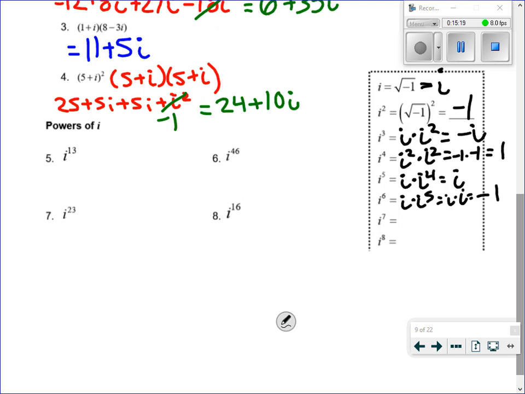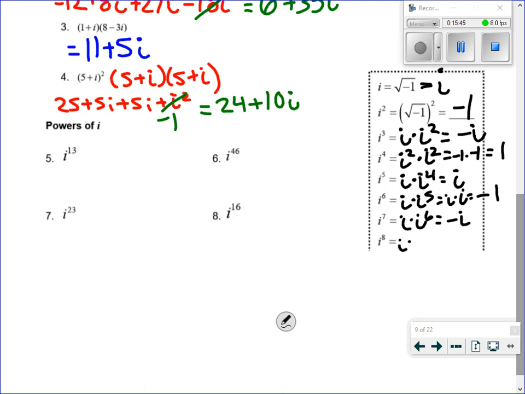Yes, it's going to keep going on and on. So i to the 7th is going to become i times i to the 6th. What do I know i to the 6th is the same as? Negative 1. So negative 1 times i is negative i. i to the 8th. What could we rewrite i to the 8th as? What times what?